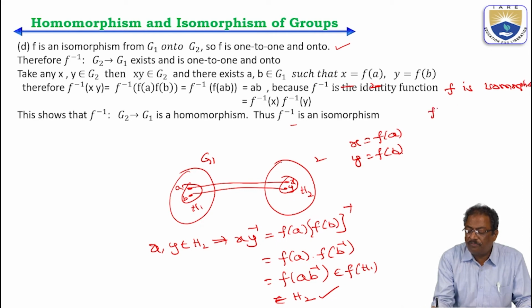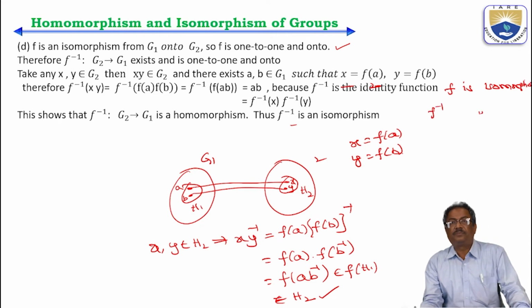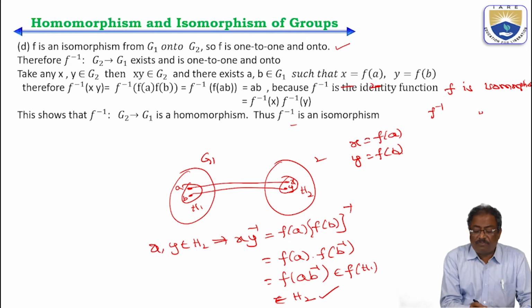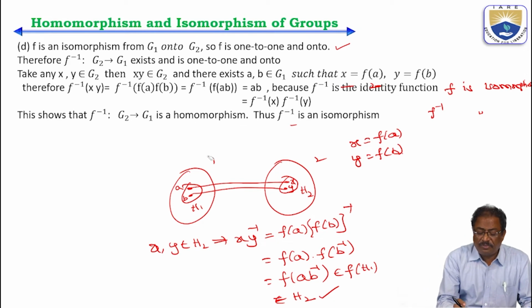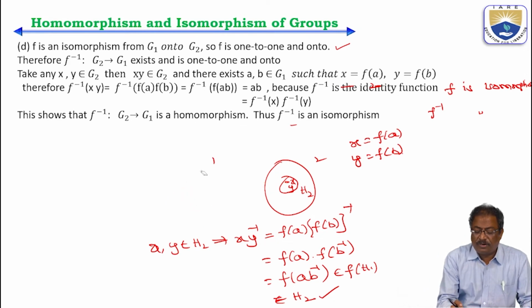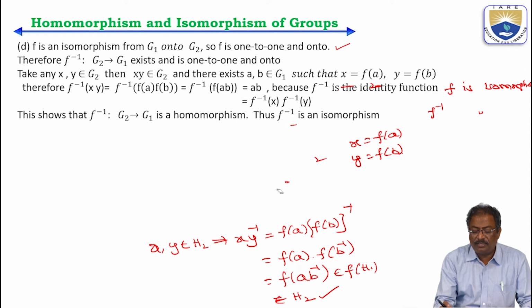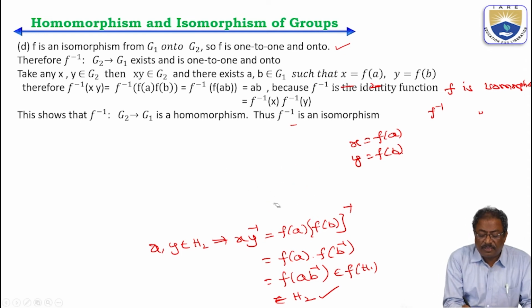Now we have to prove F inverse is also an isomorphism. F is from G1 to G2.